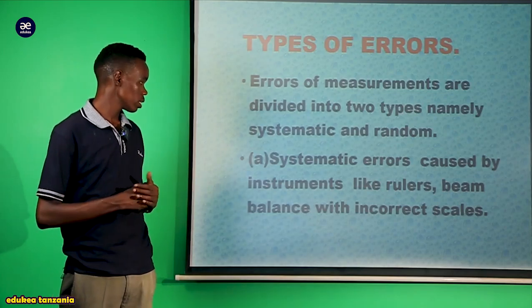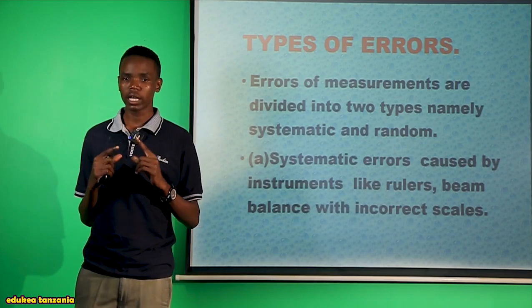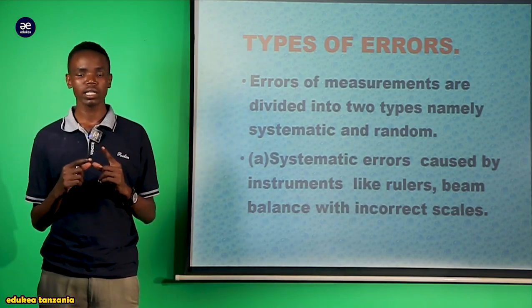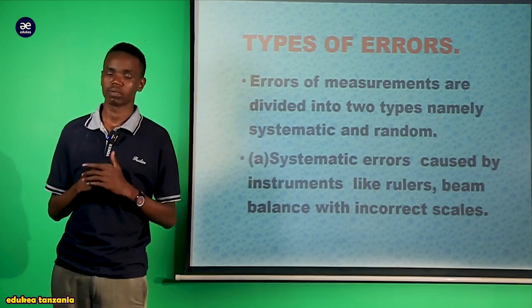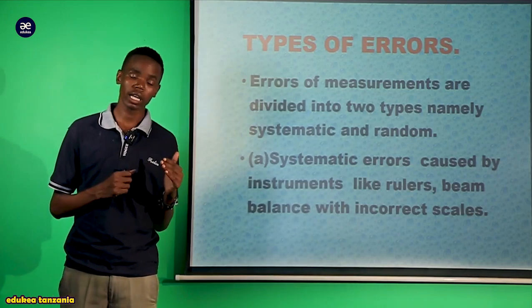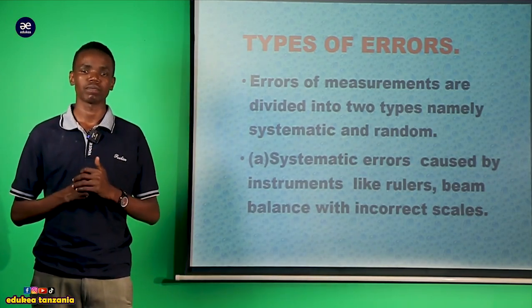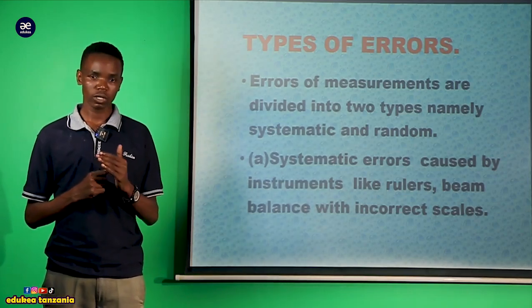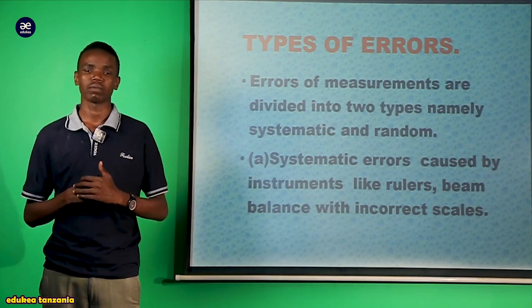So, as you can see here, my dear student, we learn about the error, and this error is divided into two types. You'll be asked to define the term error and also to explain the types of errors. As I told you, we have only two types of errors.